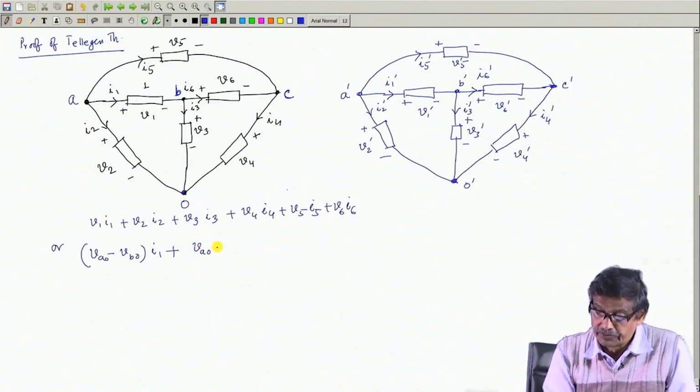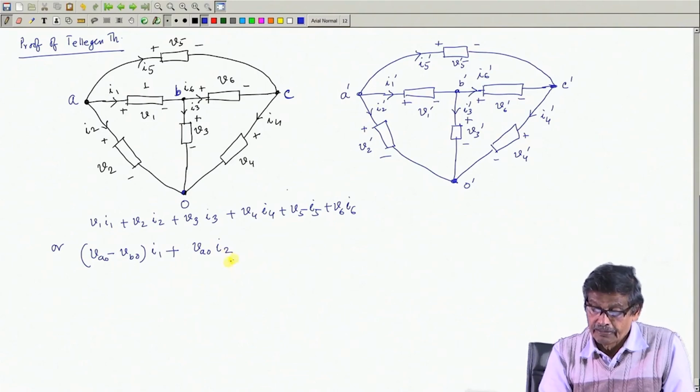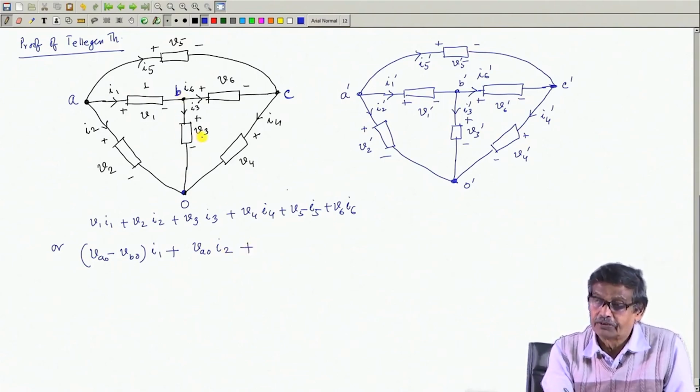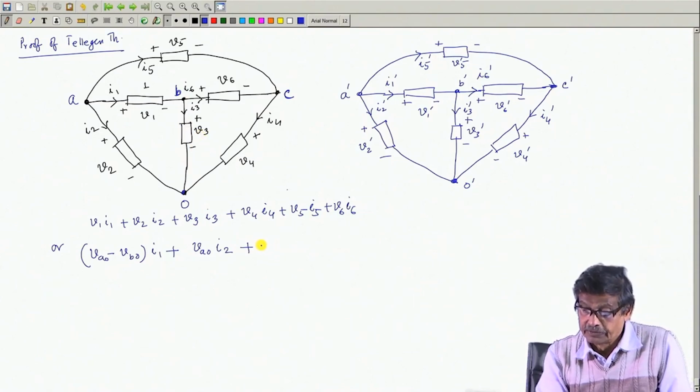So, V_A0 I2. For element 3, it will be simply V_B0 is equal to V3. So, V_B0 into I3.